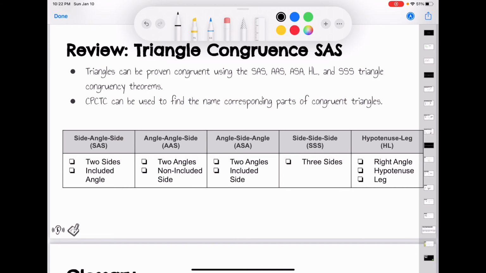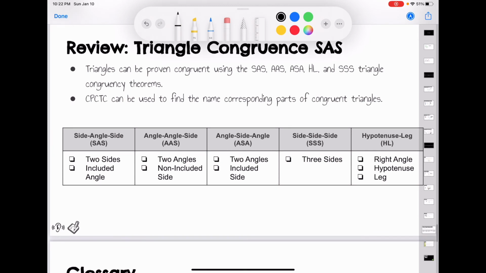You may be asking, how am I supposed to remember this table? Well, a way you can do it is here. Let's look at the side-angle-side theorem. We have a side and a side. We have two S's. So because we have two S's, we know that we have to have two sides which are congruent, right? But how do I remember if I need an included angle or a non-included angle to be congruent?